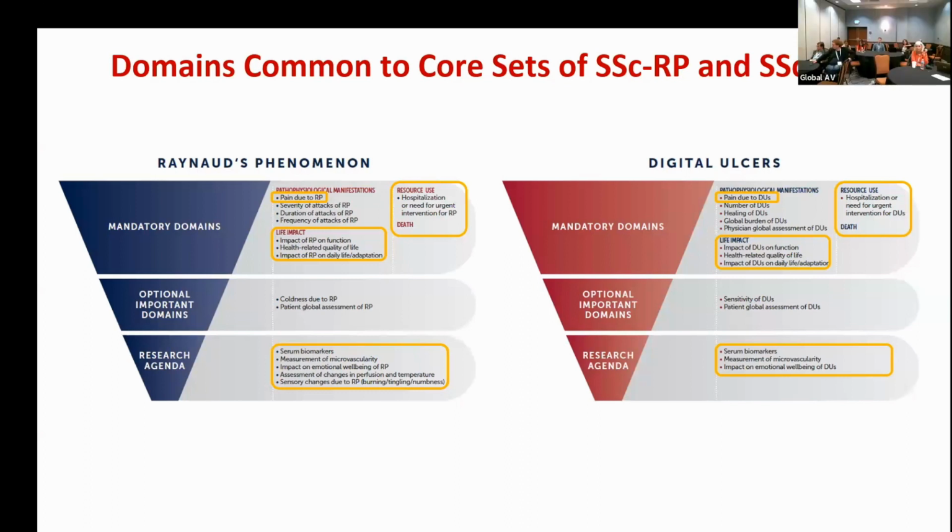Yeah, I think as a domain, the global burden, my understanding is that it's a patient-reported life impact measure, but the physician global is physician-reported, and it's only assessing the patient on the day of the assessment. The global burden is a patient-reported impact of digital ulcers on life.